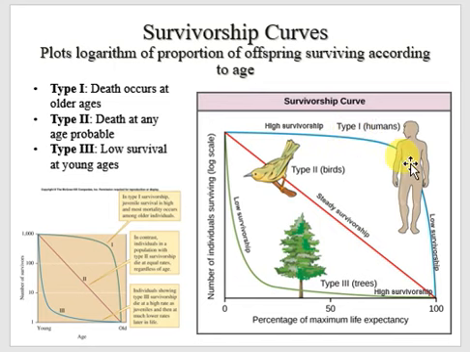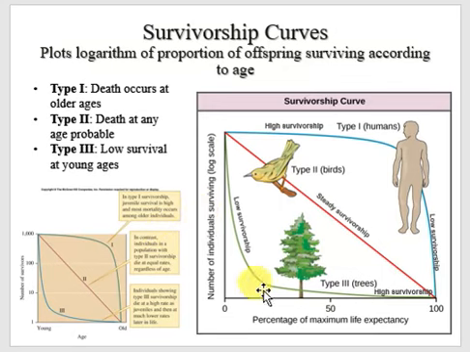Now type 3 curves, the last type, result from high death rates that occur very early in life, with higher rates of survivorship occurring after maturity. So it's essentially an inverse of type 1.